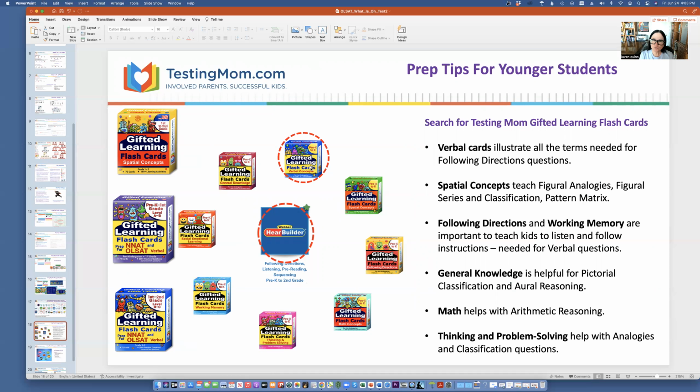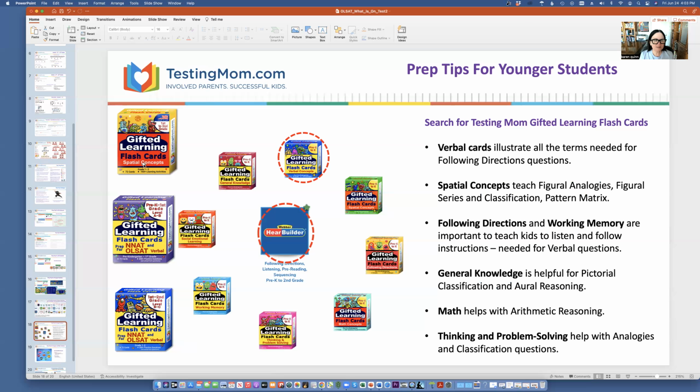It covers all the words that kids need to understand to follow the directions, like next to, above, below, beneath, across from, all the different positional words that come up in that section. And of course, the Here Builder, which I mentioned before.